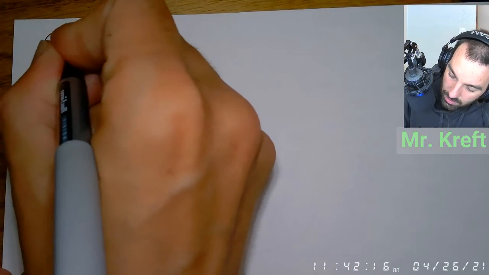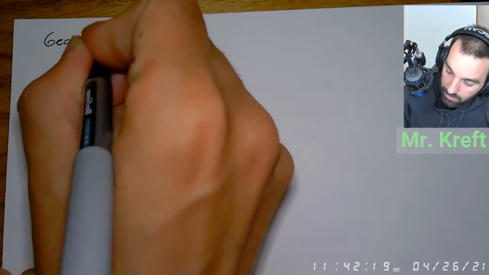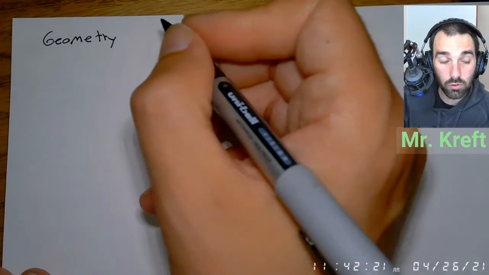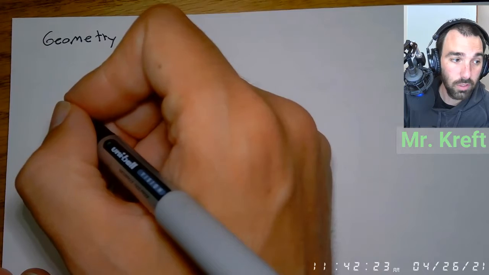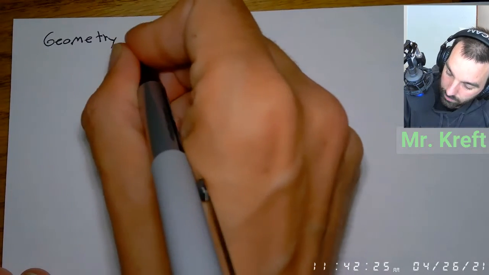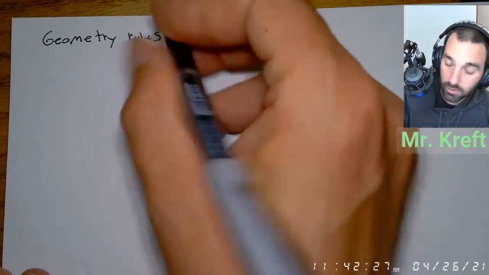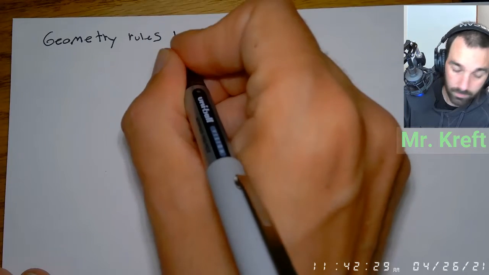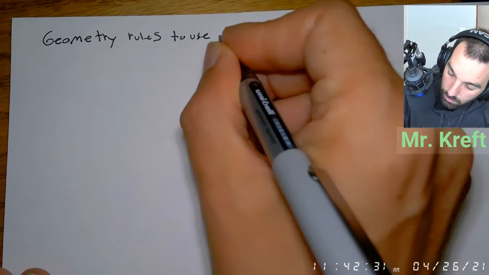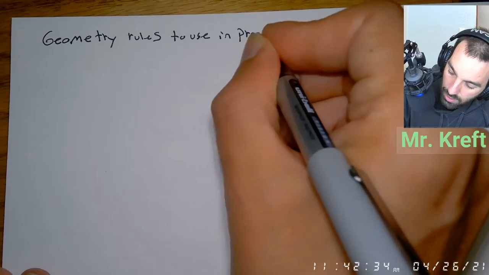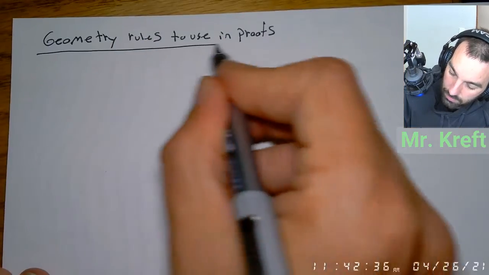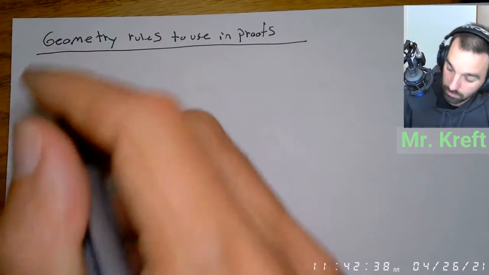Okay, so we did a lot of proofs after this. Everything after this was proofs, whether it was proving triangles congruent or proving triangles similar. Since this is already on YouTube, I am not going to spend a lot of time on this.